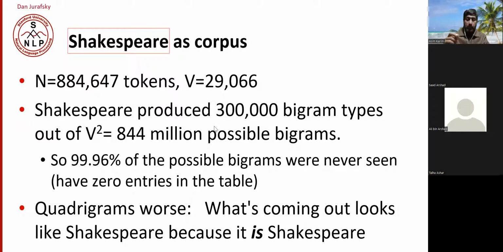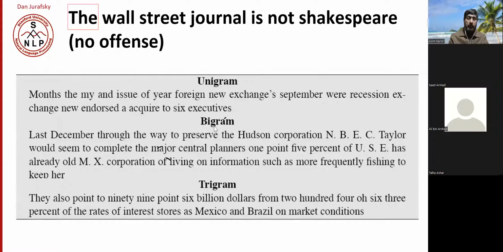Even if you had used a good estimation approach, you will get very poor results. But if you have used the MLE approach, as you can see, there are tons of pairs of words that Shakespeare did not use. But maybe those pairs of words were present in the Wall Street Journal corpus, and that would give you an incorrect answer because it was not seen in the training set, which is Shakespeare, and you tested it on the Wall Street Journal data set, which is the test set.